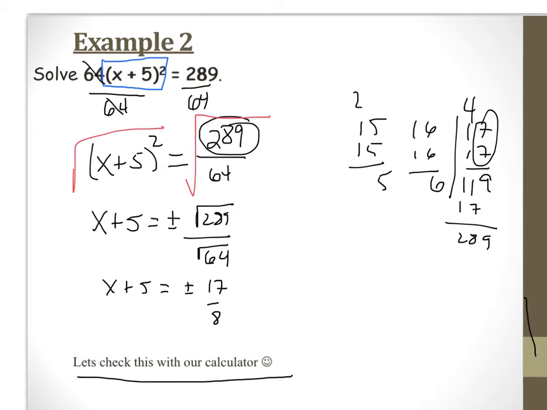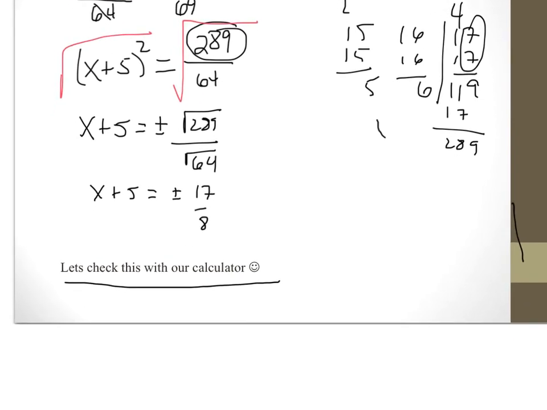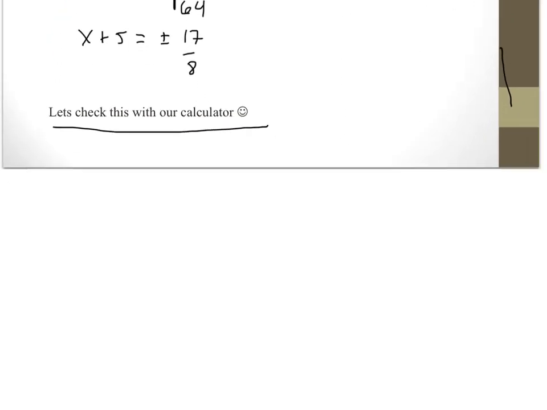So now we're actually going to go ahead and do this without a calculator. We're going to work with these fractions. So I'm going to move this up a little bit, and we have x plus 5 is equal to 17 over 8, or x plus 5 is equal to a negative 17 over 8.